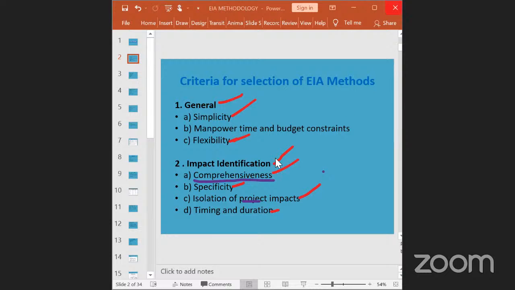And lastly, timing and duration. This methodology should be able to identify accurately the location and extent of the impact on a temporal scale, right? So these are the impact identification.